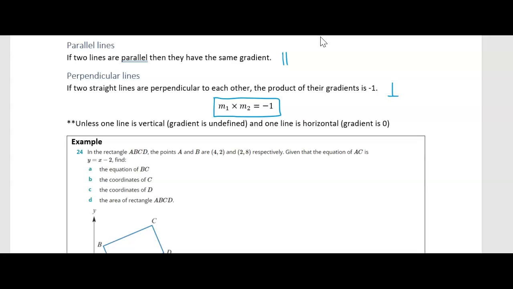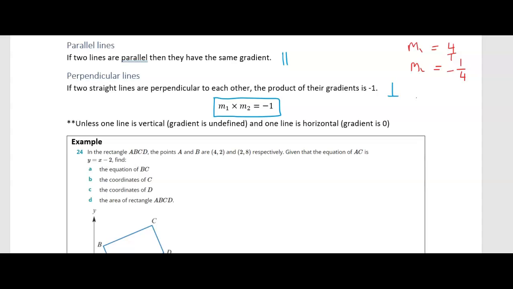So if the gradient of one line was 4, the gradient of the other line, which I'm going to call M2, is the negative reciprocal. So by reciprocal, you just flip it over into a fraction. So M1 is the same as 4 over 1, so its reciprocal is 1 over 4.